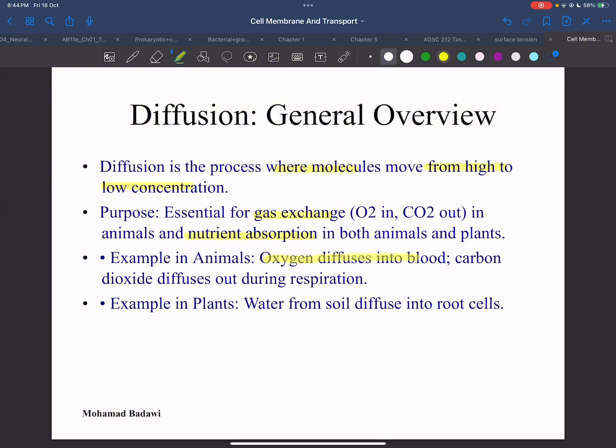So oxygen diffuses into the blood and carbon dioxide diffuses out of the body during respiration. That is an example of diffusion. And also an example in plants for nutrient absorption, water. How do root cells absorb water? By diffusion. That's why diffusion plays an important role in both animal cells and plant cells.